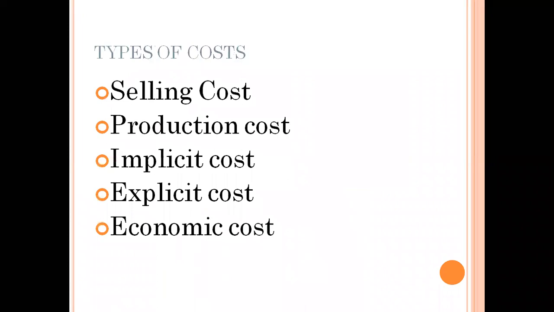Types of cost mein we have covered the selling cost. Selling cost means the cost which is incurred for making your product popular, or the cost which is incurred for making your product promoted for sale.